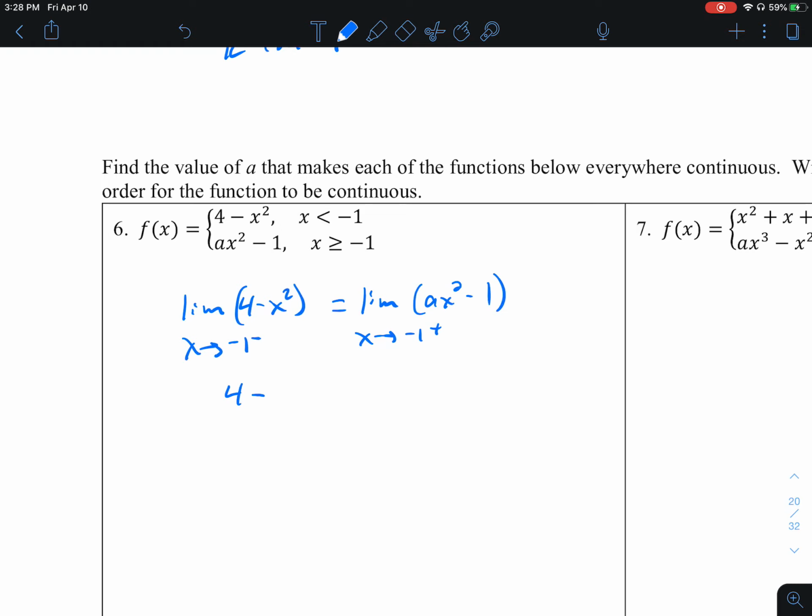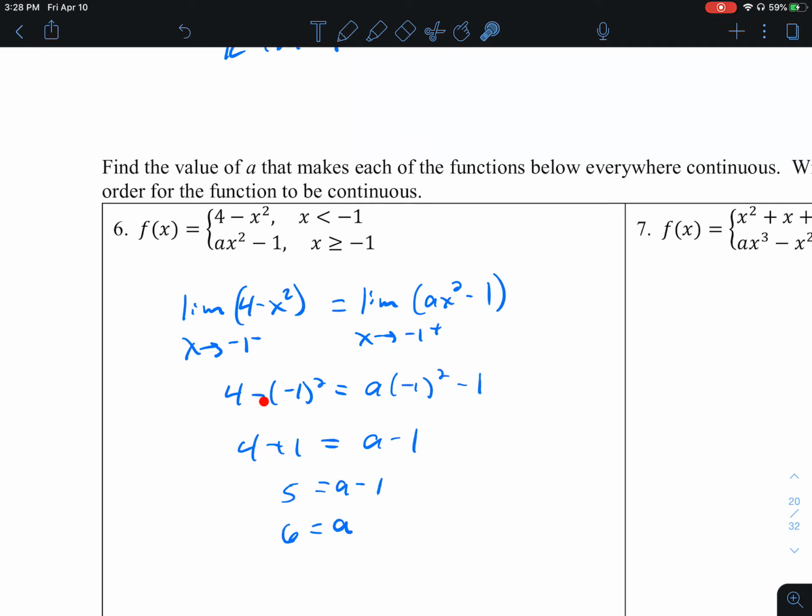To evaluate these limits, we're going to put negative 1 in for x. That would be 4 plus 1 equals a minus 1. That would be 5 equals a minus 1. I got a is 6, which is a mistake.